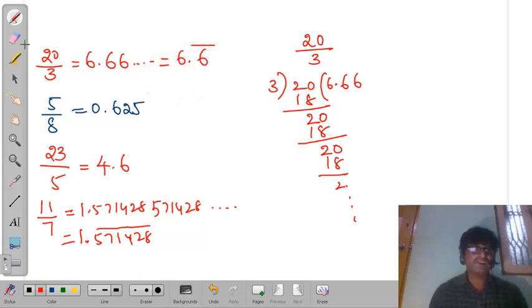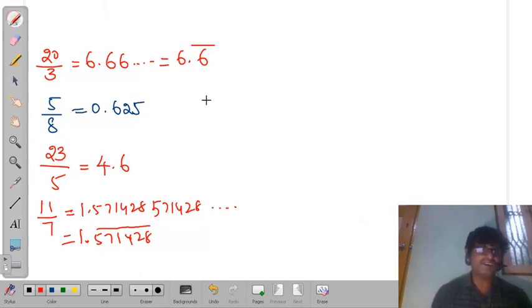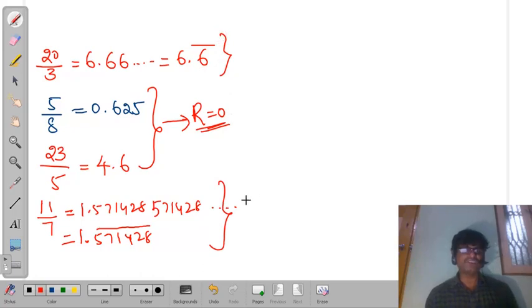Now let us examine the decimal expansions of these rational numbers. If you observe, in these two values, when you perform the division operation, we got the remainder 0. In the remaining two cases, we are not getting the remainder 0, but a block of numbers is getting repeated.